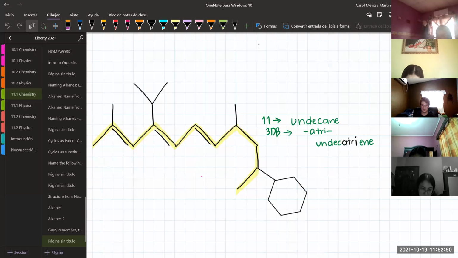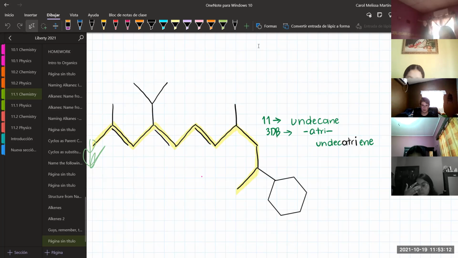Now I need to see the side from which I need to start numbering the carbons. So from what side will I need to start, from the left or from the right? Okay, from the left. Thank you.